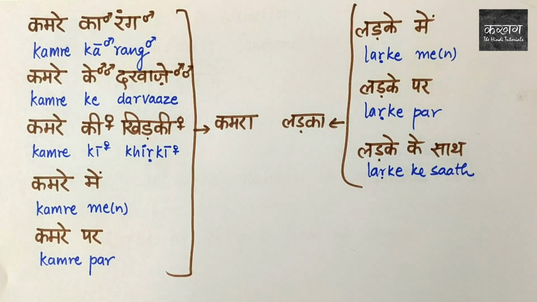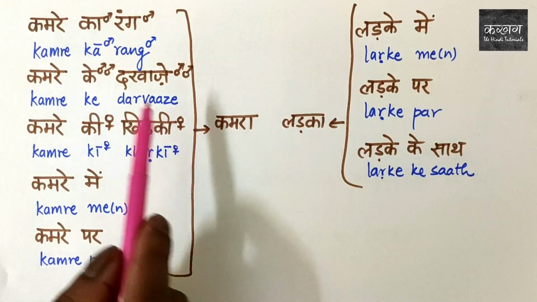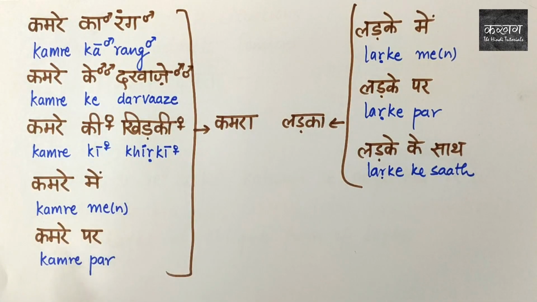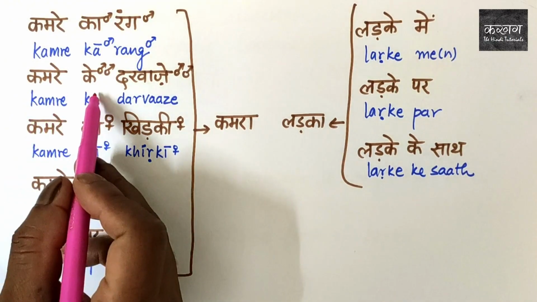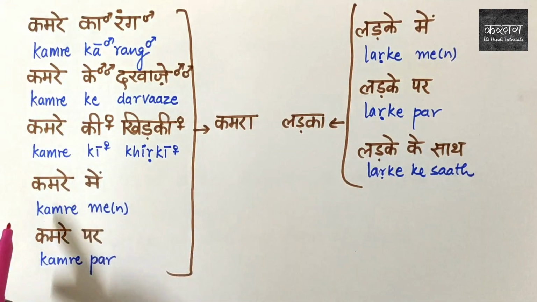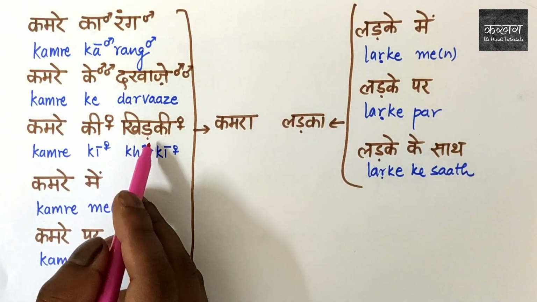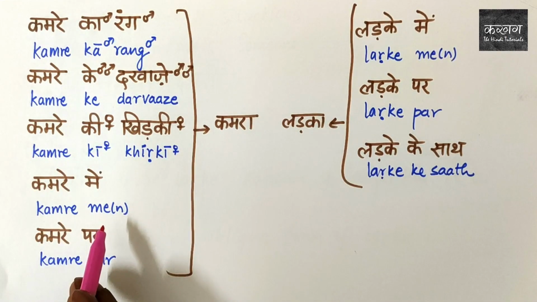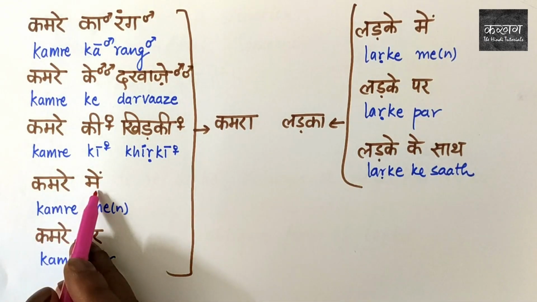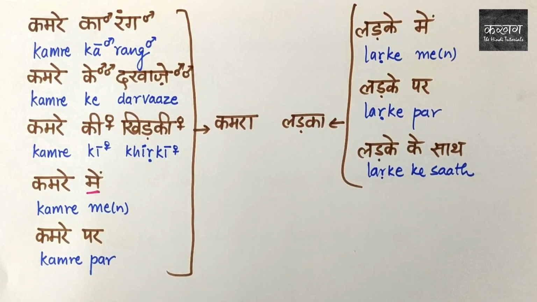If you want to visualize what I just explained, have a look at this chart having different post positions, using the word kamra. Kamre ka rang, the color of the room. Kamre ke darwaze, the doors of the room. Kamre ki khidki, the window of the room. Kamre mein, in the room.